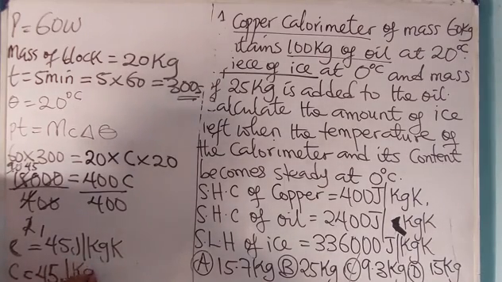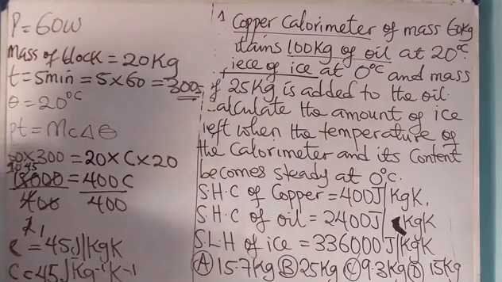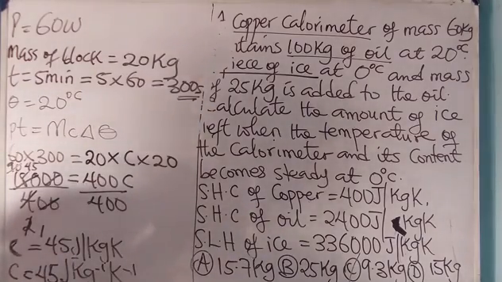So kilogram per Kelvin, that is per Kelvin. You say joule per kilogram per Kelvin. Joule per kilogram per Kelvin. Alright. So please take note of that. It is very, very important.